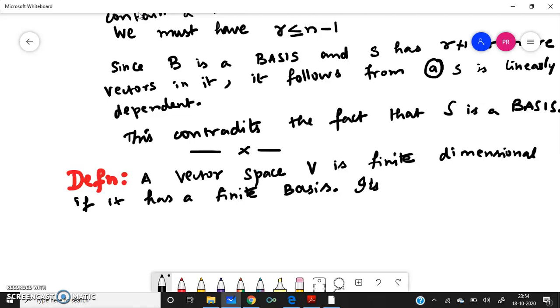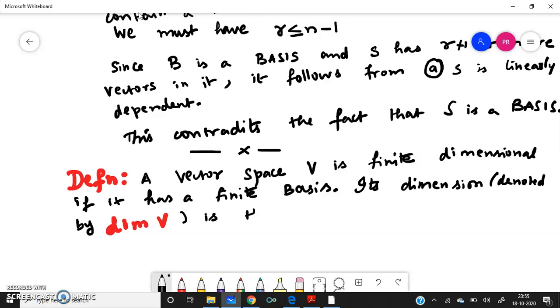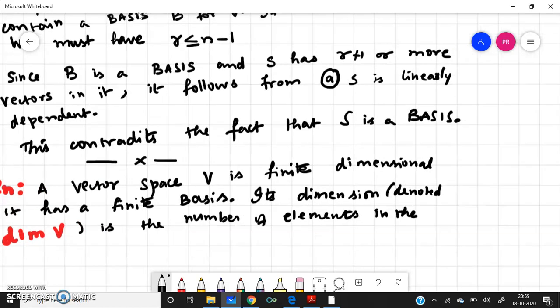Its dimension, denoted by dimension of V, is the number of elements in the basis.